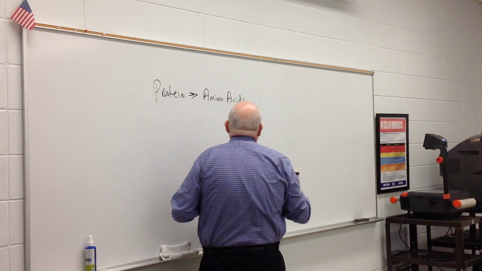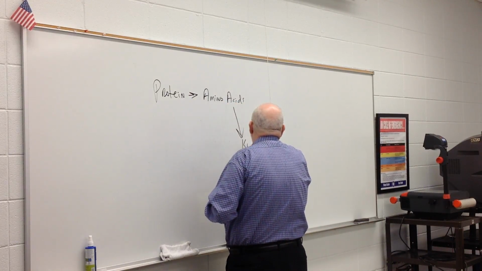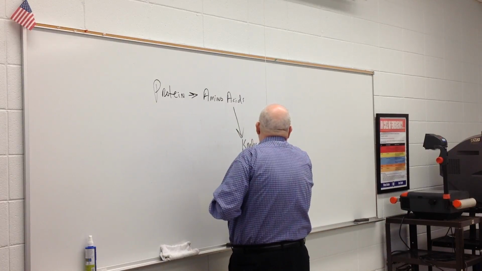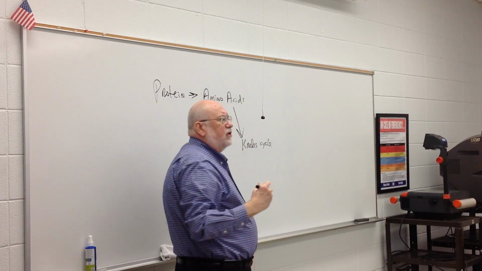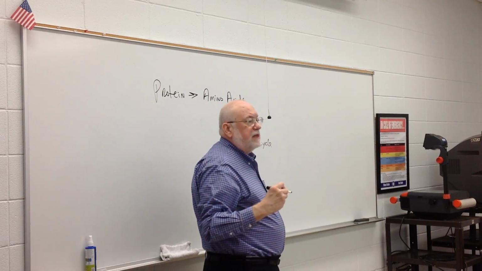And then it's fairly simple because a lot of these amino acids can plug right into the Krebs cycle and undergo oxidation to carbon dioxide and water and produce energy.